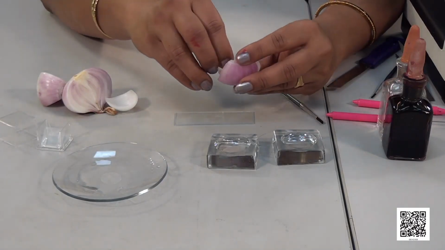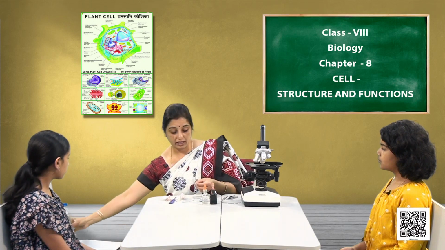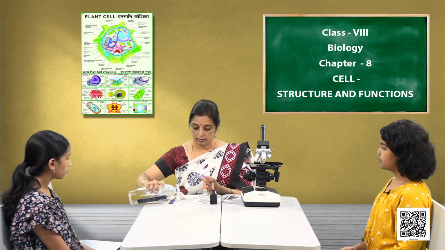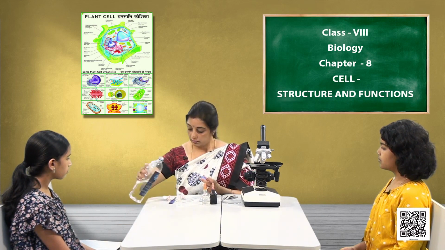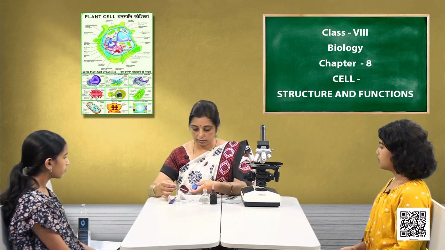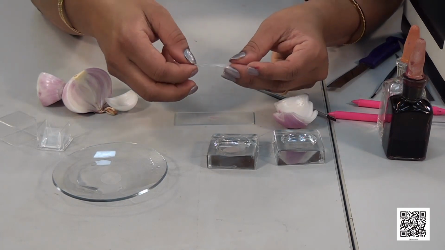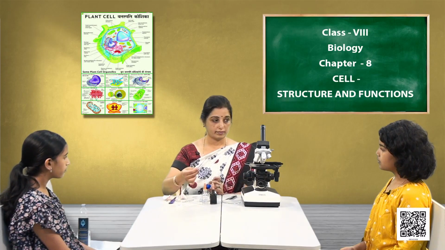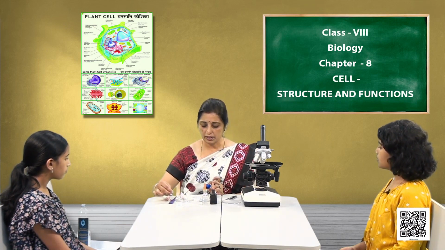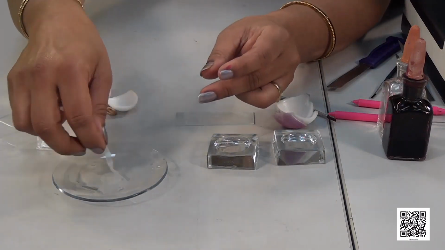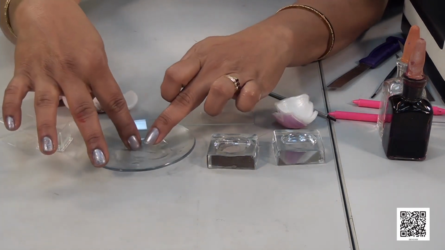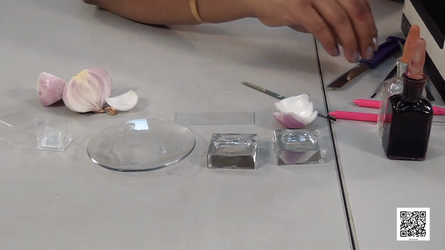You can just take a small thin peel. I may need a bit of water here. Can you see this? Yes, ma'am. A peel can be 2 to 3 millimeter square. We'll see that it doesn't get dehydrated. The moment you take the peel, we'll keep it in water.